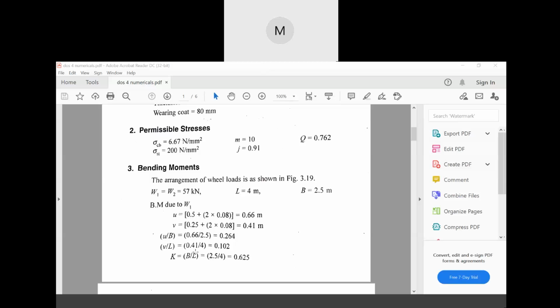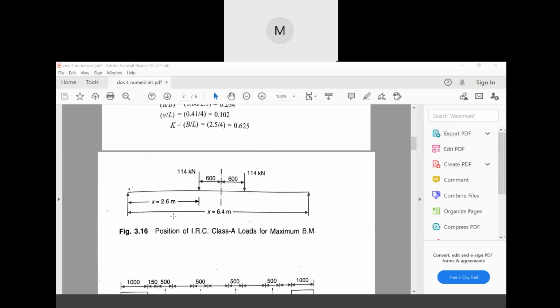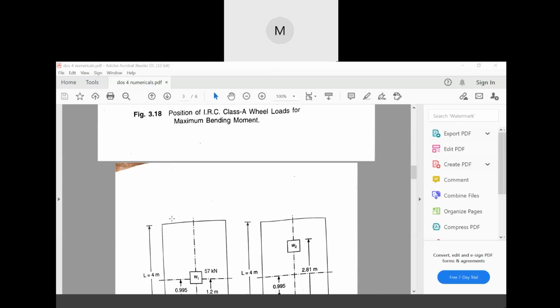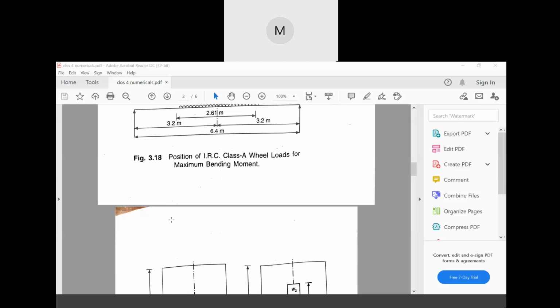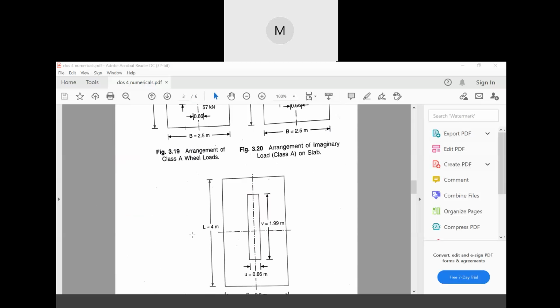So now after this, once you find out k and u and v, we have to find out small m1 and small m2.